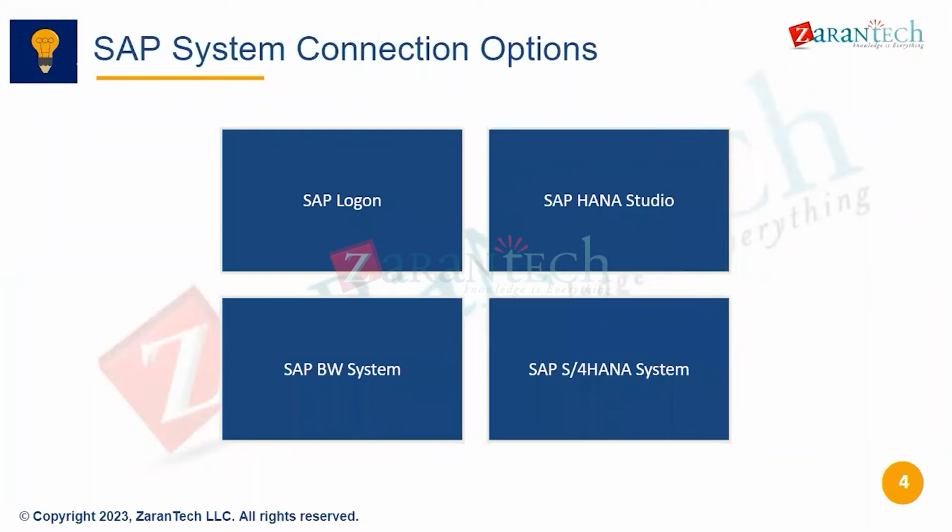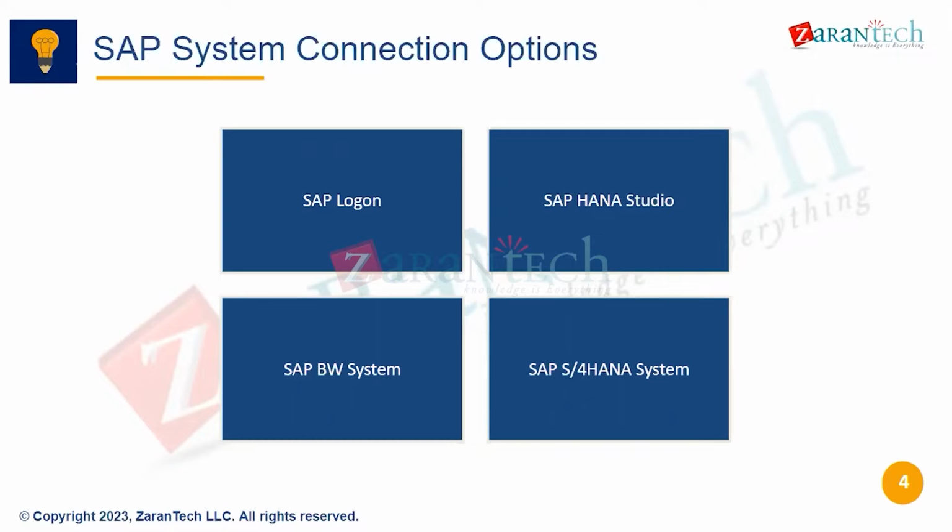So one of the things that we need to do for connecting to an SAP system is that we need to have an SAP logon. If you are connecting to any on-premise system, then you have to have the SAP logon configured, and you have to have a valid username and password.